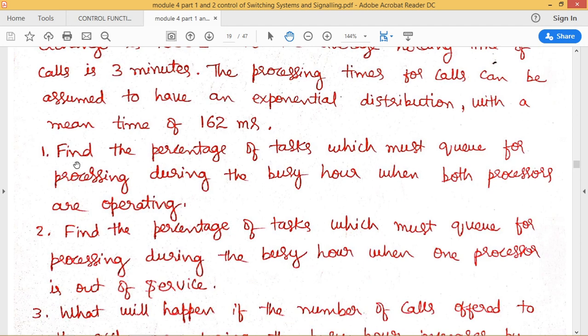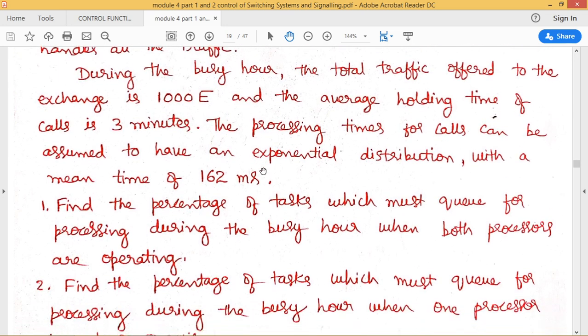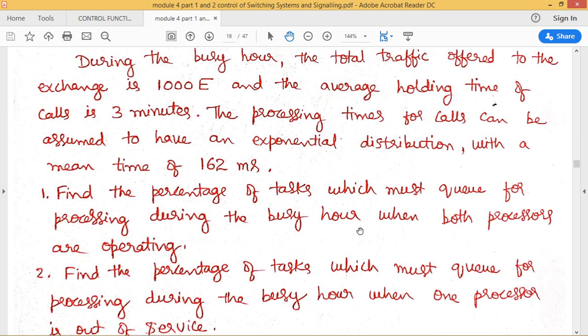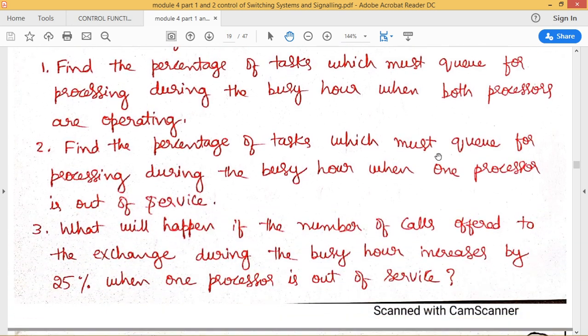So we have to find what percentage of tasks go into the queue when a certain amount of traffic is offered to an SPC exchange during the busy hour, with both processors sharing the load. Similarly, we have to find the percentage of tasks which must queue during the busy hour when only one processor is working, that means when one processor is out of service.